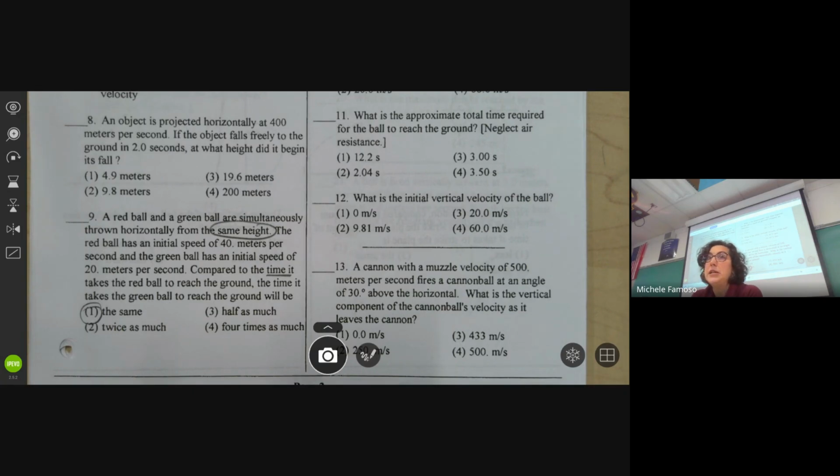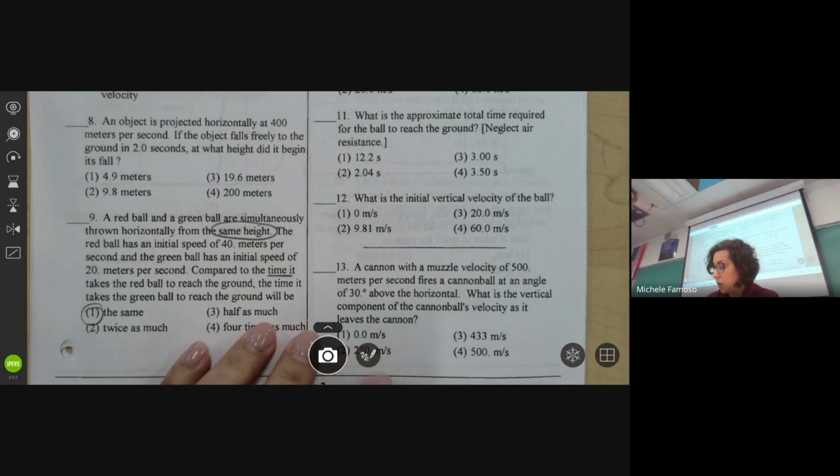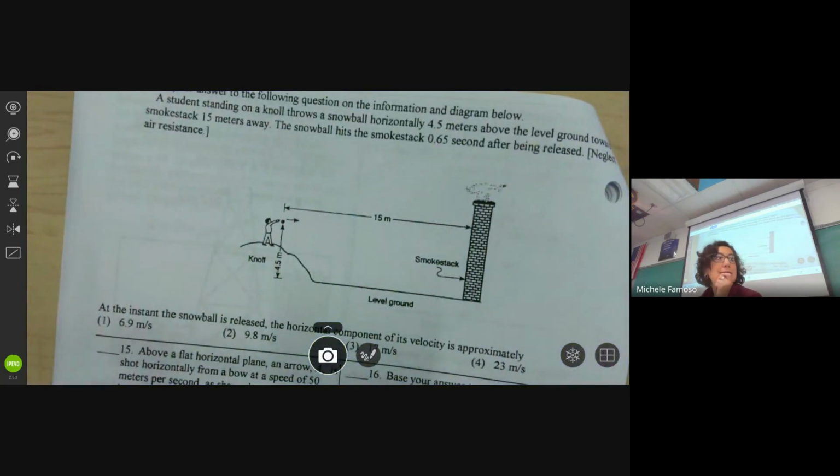Anything else through 13? All right, let's go to pages 32 and 33 then, please. Anything on those two pages, which gets us through question 21?